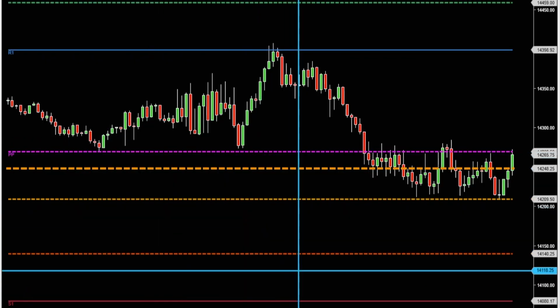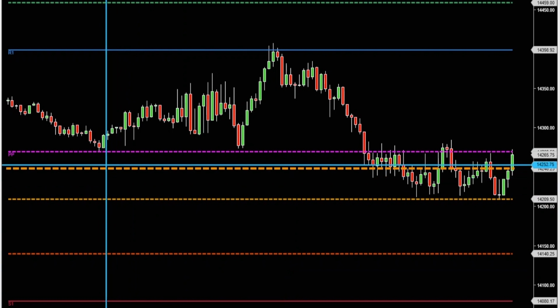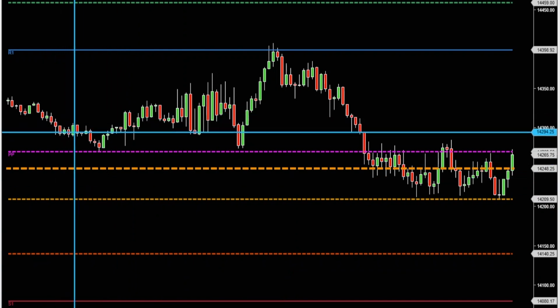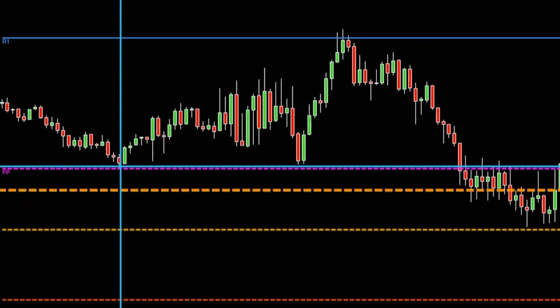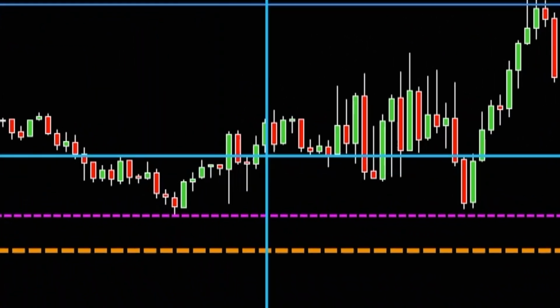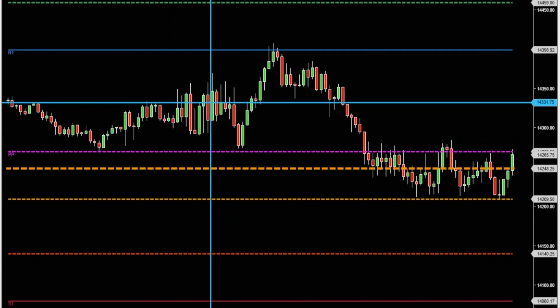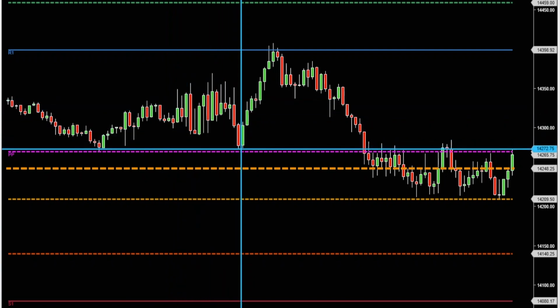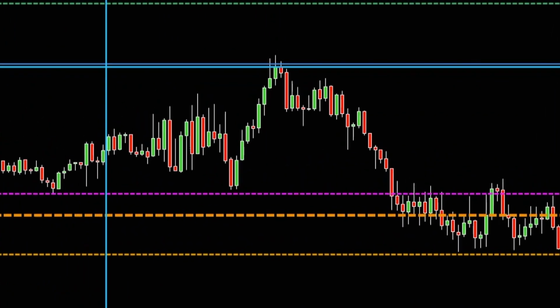Here's the previous day's price action. This is from Friday last week. This is pre-market, coming up to 8 o'clock. You'll notice how price really respected this pivot point, bounced right off. Then we had that really choppy New York Open on Friday, came back down to the pivot point, bounced up, went right to R1.